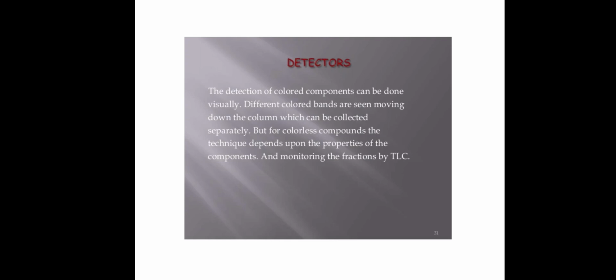Then finally detectors. The detection of colored components can be done visually. Different colored bands are seen moving down the column, which can be collected separately. But for colorless components, the technique depends upon the properties of the components and monitoring by TLC.